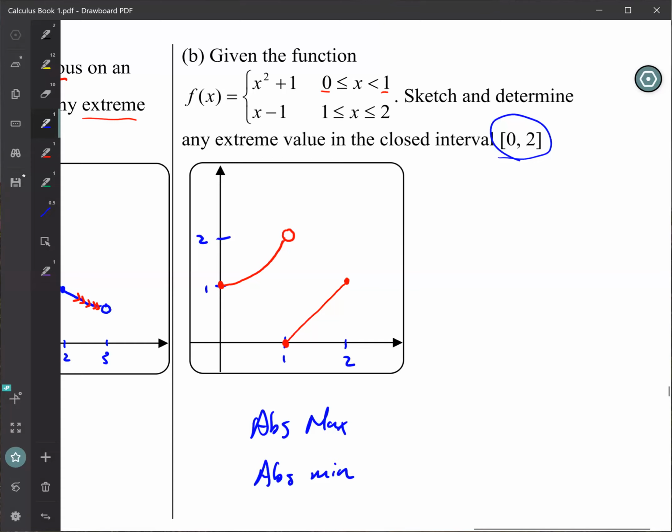Okay, Nicole, what's the absolute max? Is the absolute max 2?